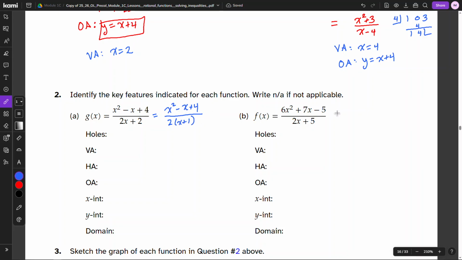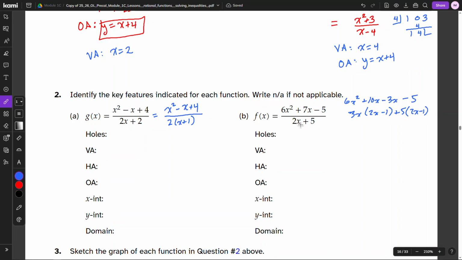And this one over here, let's see here. 6 times 5 is negative 30. So this could be written as 6x squared plus 10x minus 3x minus 5, which if I look to group things, I could factor out a 3x and have a 2x minus 1, and I look to factor out a 5, and that would give me a 2x minus 1.